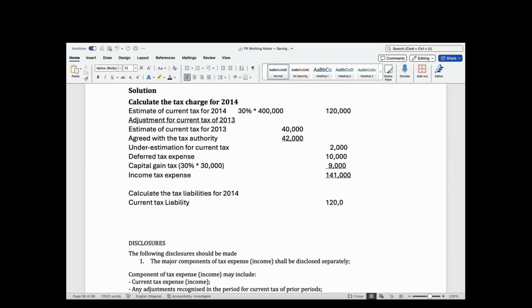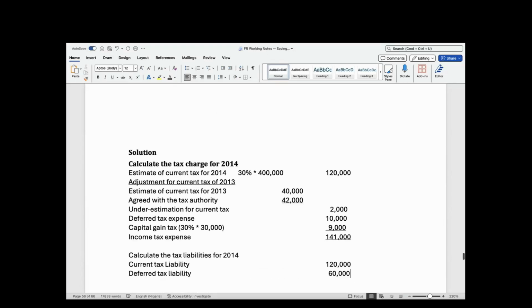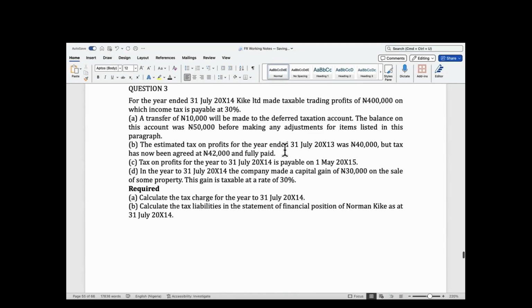That's the liability in respect of current tax. We have deferred tax liability, which is now 60,000, because we transferred 10,000 to the existing 50,000.